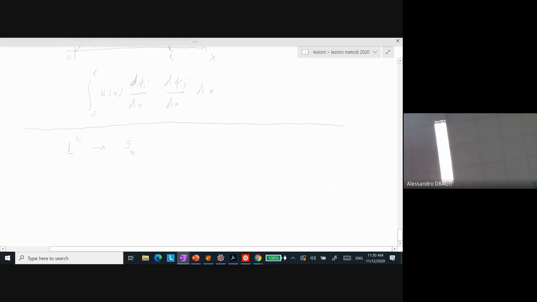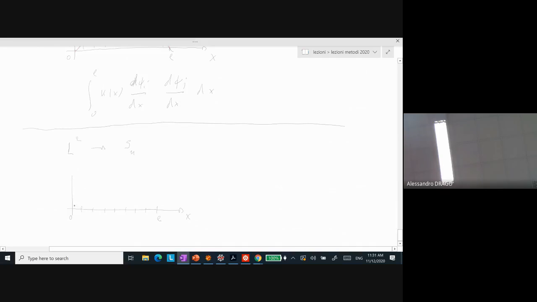We have our interval, let's say from 0 to L, and we divide our interval into points of a grid. The subspace Sn, therefore, contains functions which are linear between each point on the grid.